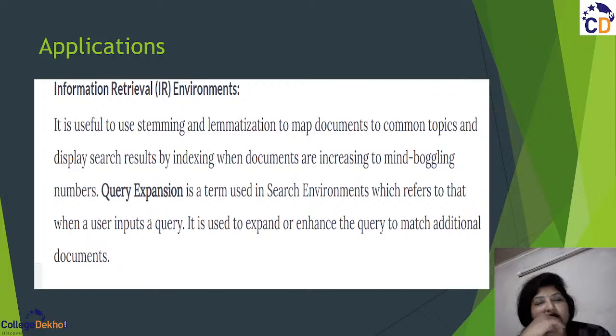So in Google search it is giving you accurate outputs as well, right? Here it is used to expand or enhance the query to match additional documents. It is one of the applications where we can use stemming or lemmatization methods.